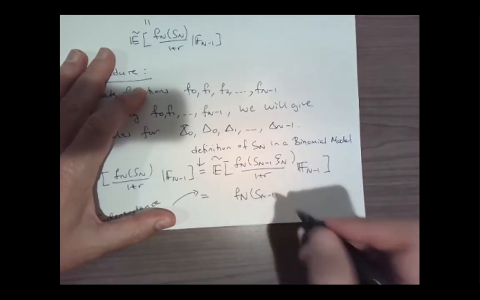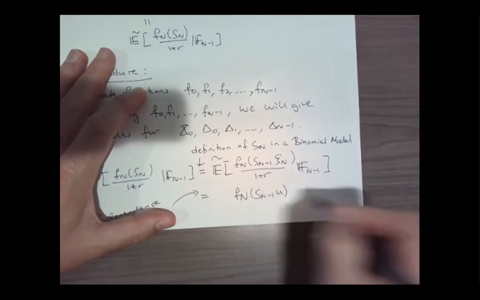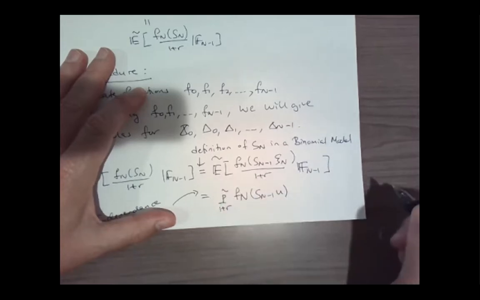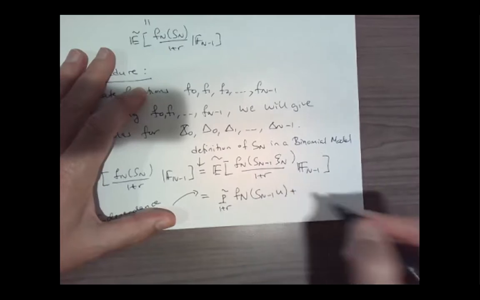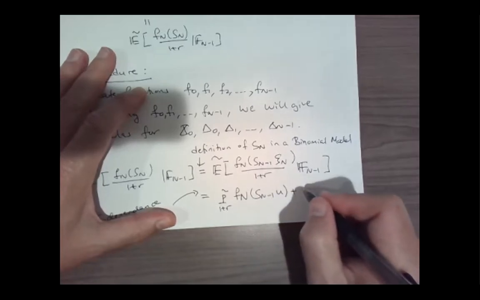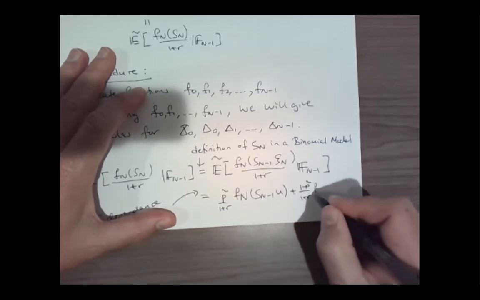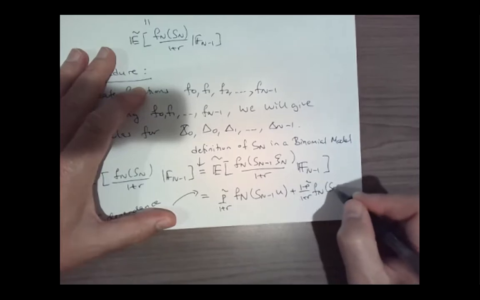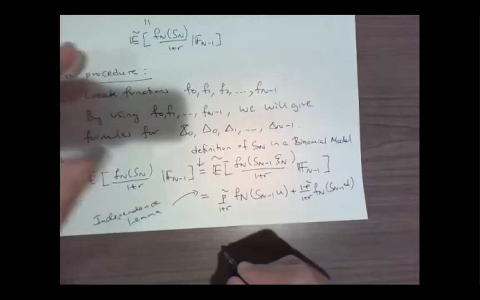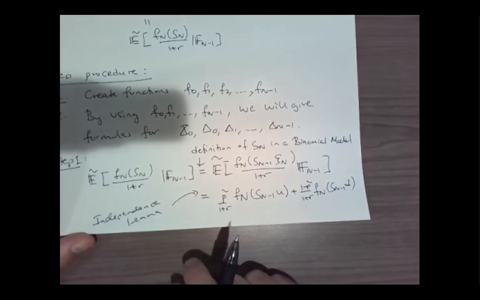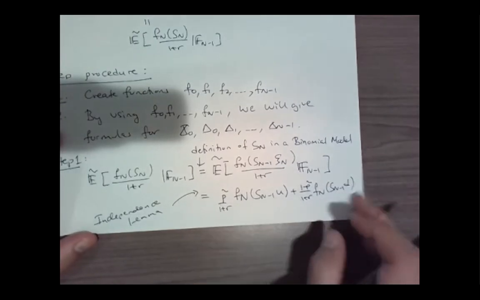So we're going to take the average over psi. It's going to be u times p tilde divided by 1 plus r, plus 1 minus p tilde times 1 plus r, f_N, and then S_{N-1} times d. We've seen that calculation a few times before.